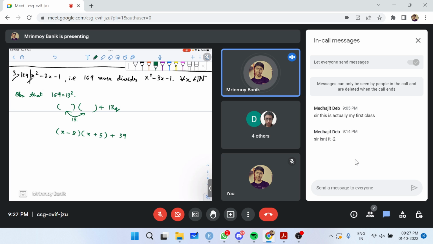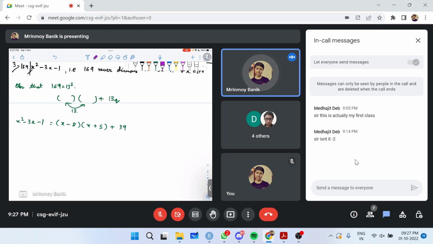So you see the quadratic from the first term that we are getting is x squared minus 3x minus 40, and then adding 39 to it will give minus 1. Now we have the number expressed in our required format. We can proceed with a line of arguments.